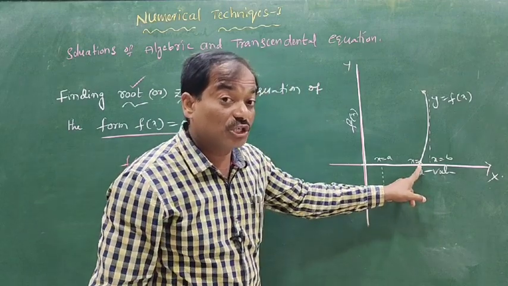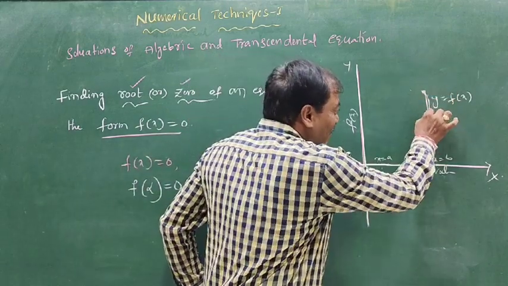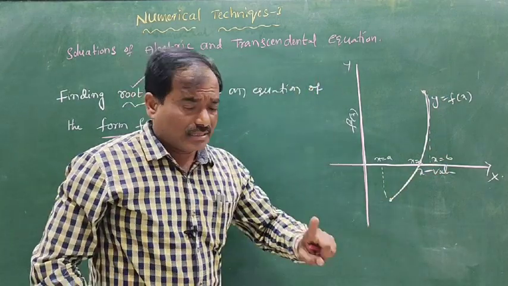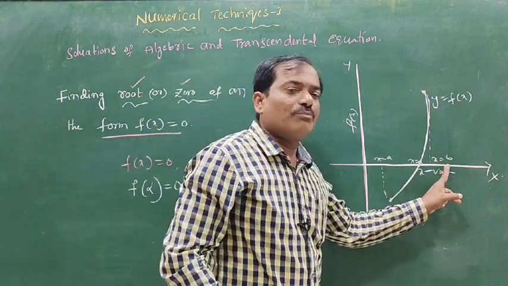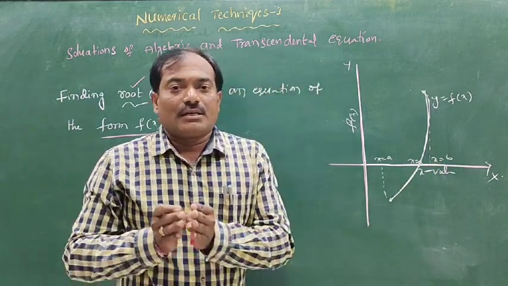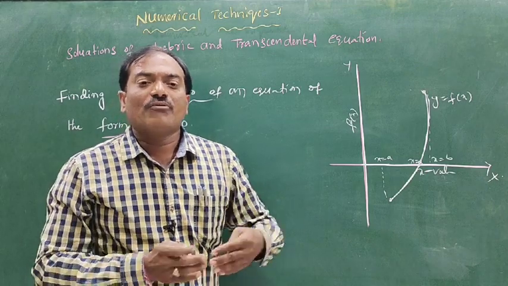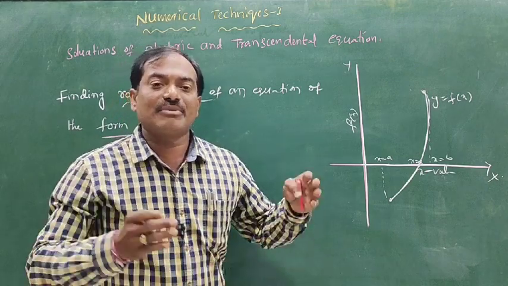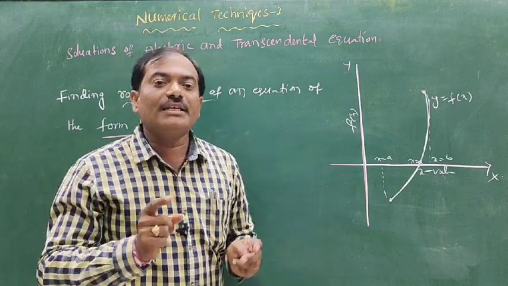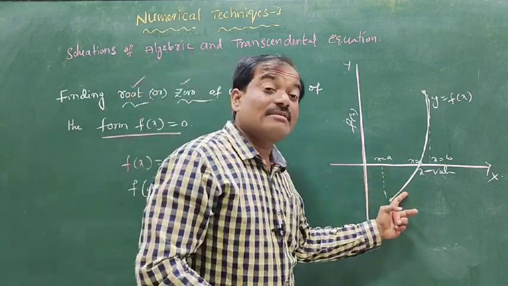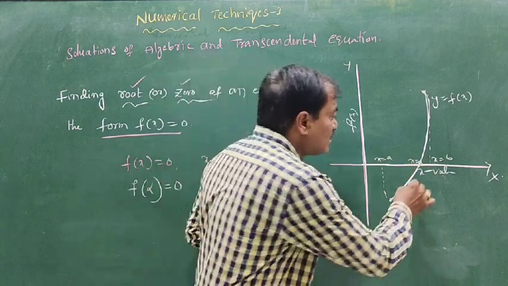But f of x equal to 0 means this graph is intersecting the x-axis somewhere in between a and b. So if any equation f of x is given and the root exists in between some interval, definitely the graph of the function intersects the x-axis somewhere. Therefore this is the condition.